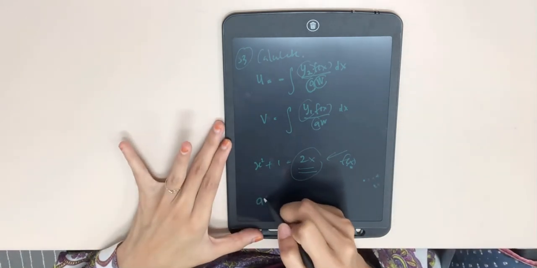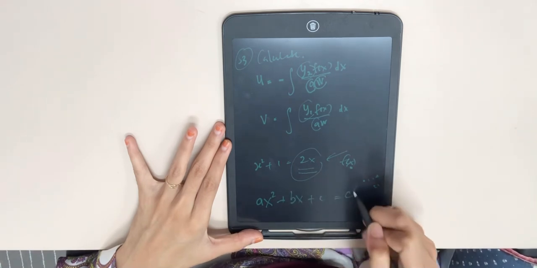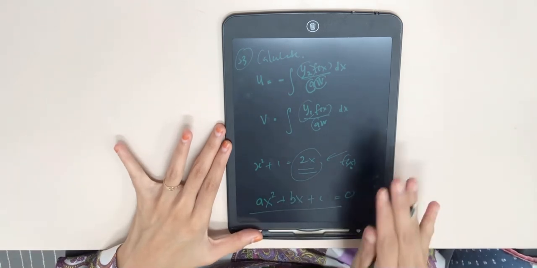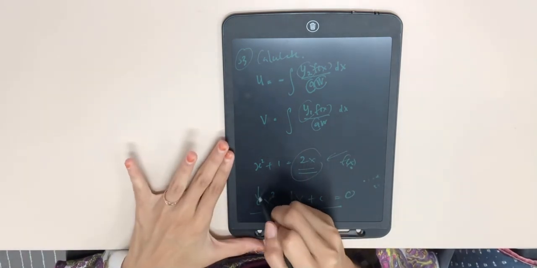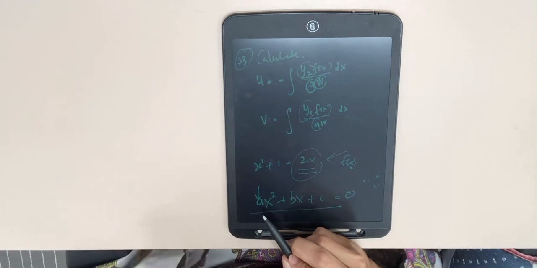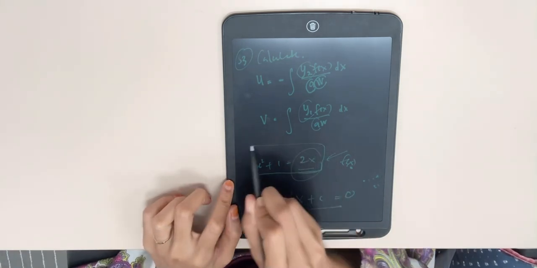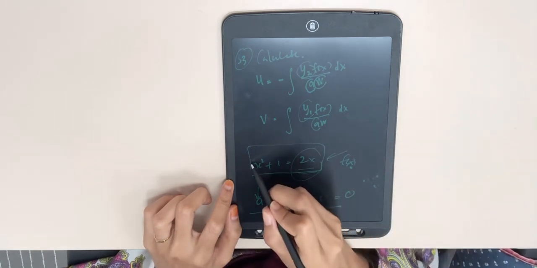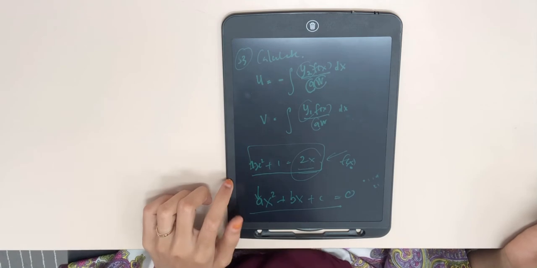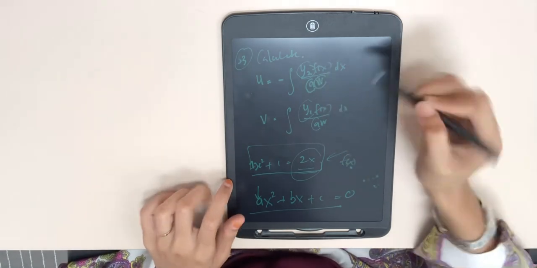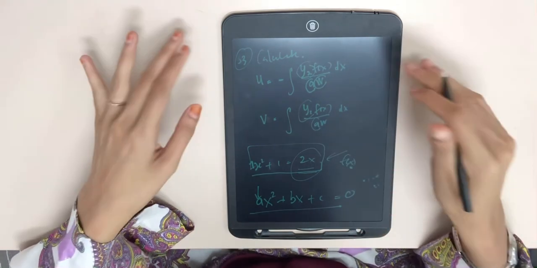This is the general equation, ax squared plus bx plus c, like when you use a calculator to factorize, you have a, b, c. So if you refer to this example, your a is 1. Just substitute 1 here, and then this equation is complete and you can integrate.